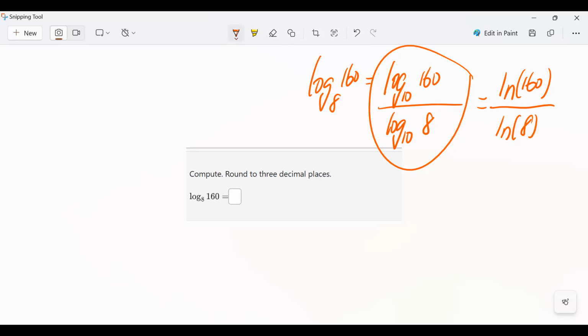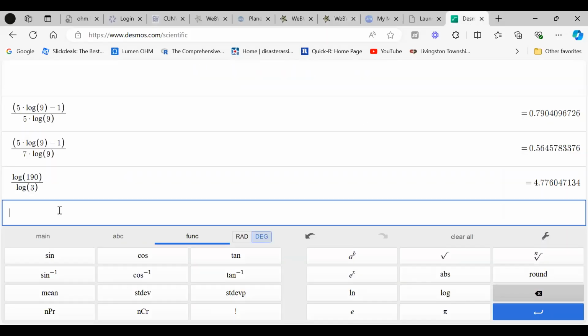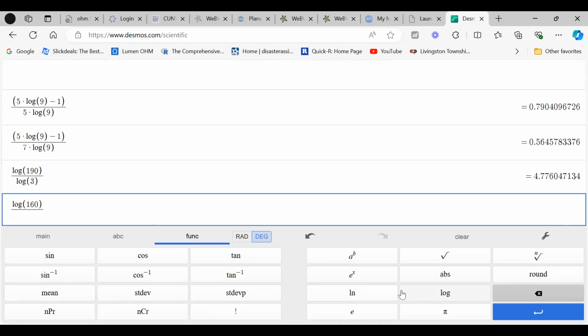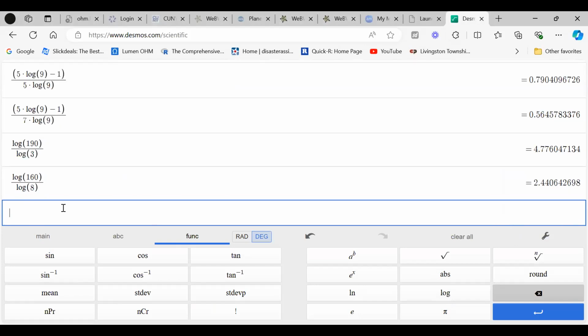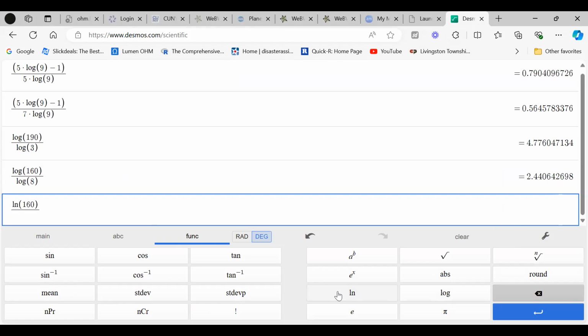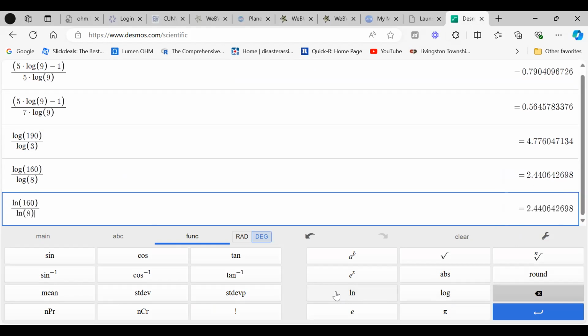Let me show you both. You're going to end up with the same result. So that is log 160 over log 8. Yes, we get this, right? Which is 2.441. If you're doing the ln, it'd be the same, right? ln of 160 over ln of 8.